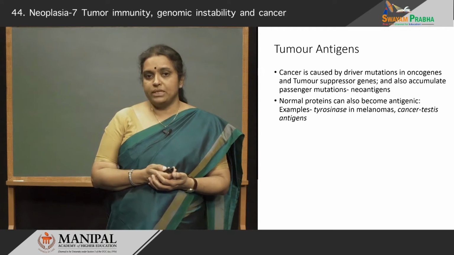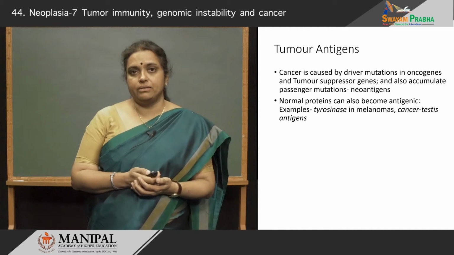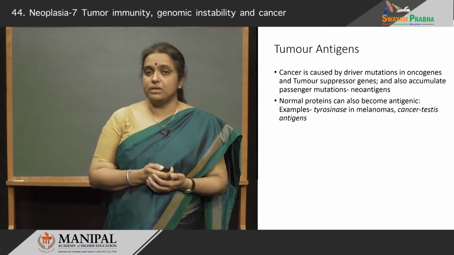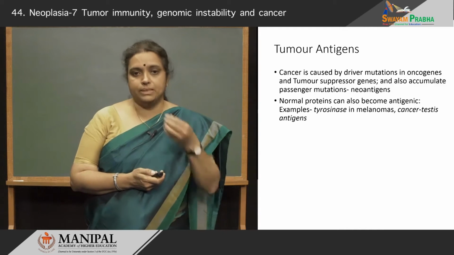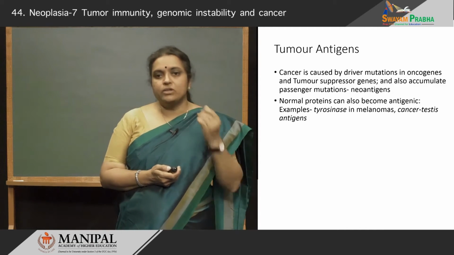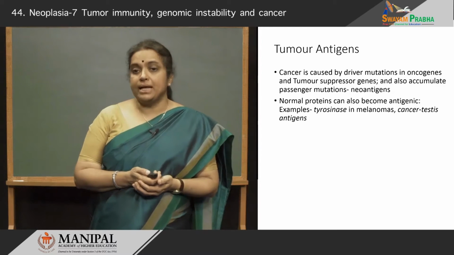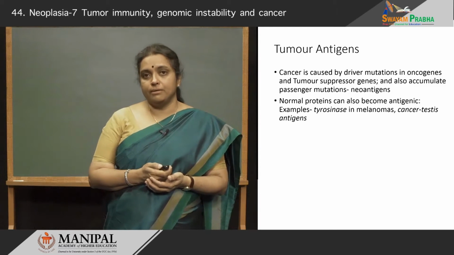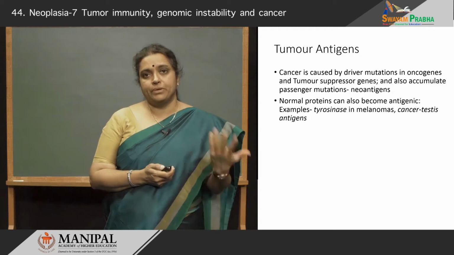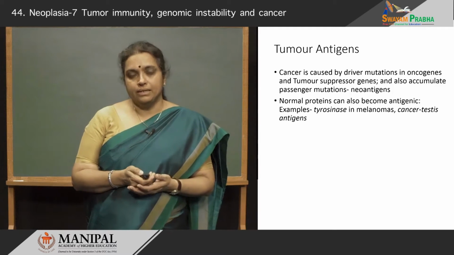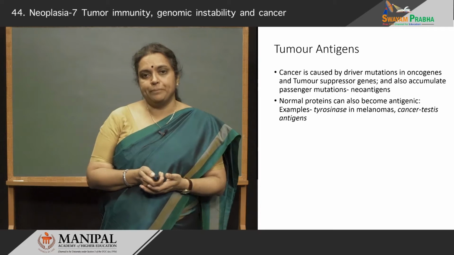Sometimes normal proteins can also become antigenic in tumors. That is because in a tumor these antigens are produced in increased numbers, examples being tyrosinase in melanomas, cancer testis antigens in testicular tumors. These are normal proteins which are produced in large numbers in a cancerous tumor.